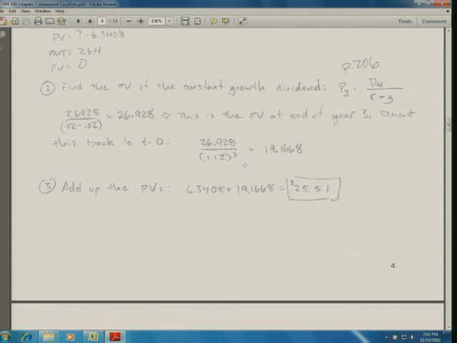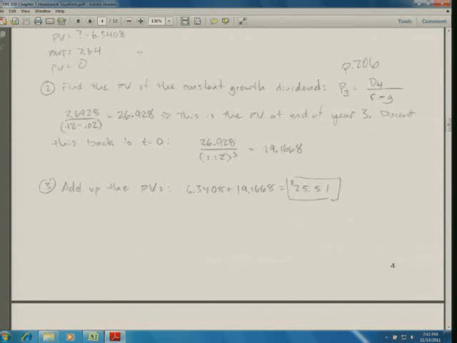So whether you want to use the time value keys in your calculator or just throw the formula at it, whichever one makes more sense to you, you'll get the same number. Okay, I chose to go for the formula, so the 26.928 divided by 1 plus 0.12 raised to the 3. You'll find that's 19.1668. So that's the present value of that constant growth stream of dividends.